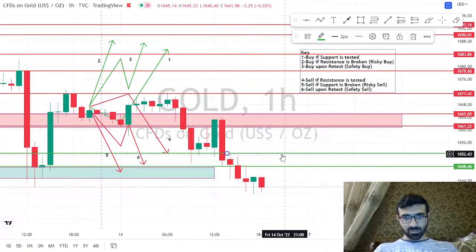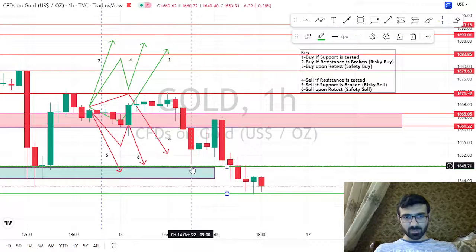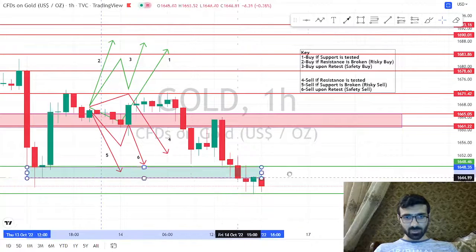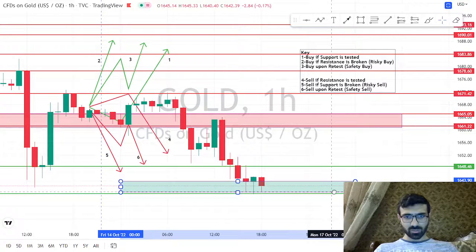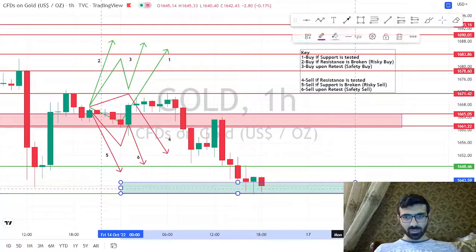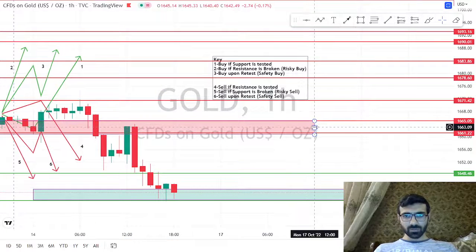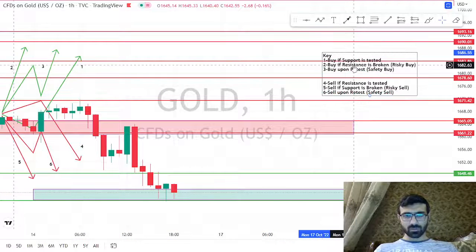First of all, let me mark my new support zone, which will be this, and I will move from here to here approximately. So this will be my new support zone.